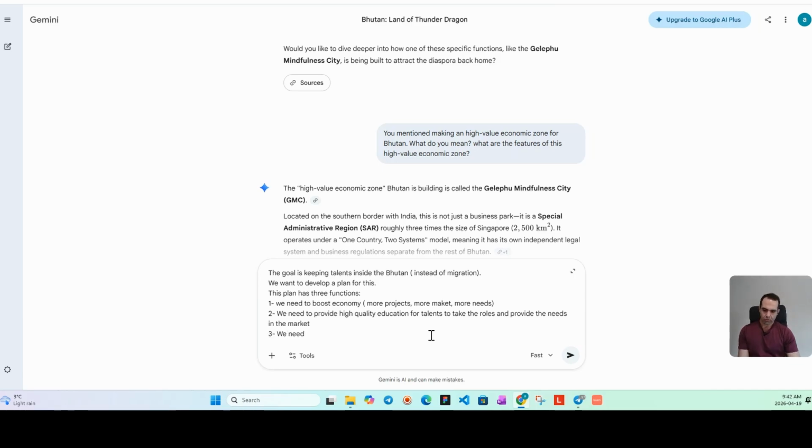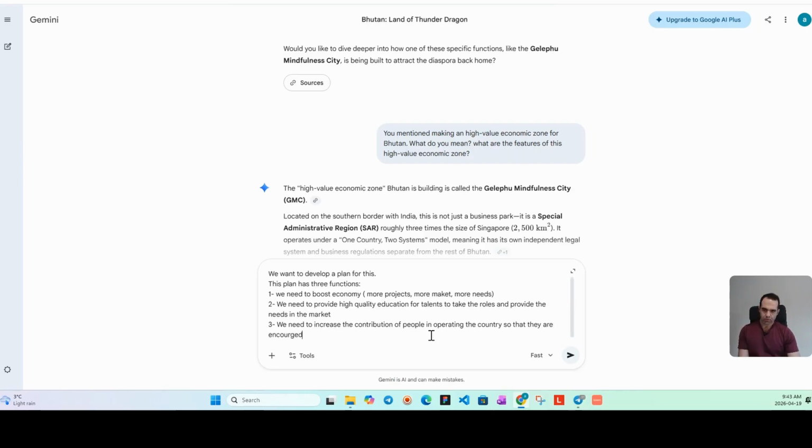We need to increase the contribution of people in operating the country so that they are encouraged to change the environment to what they wish, what they want.